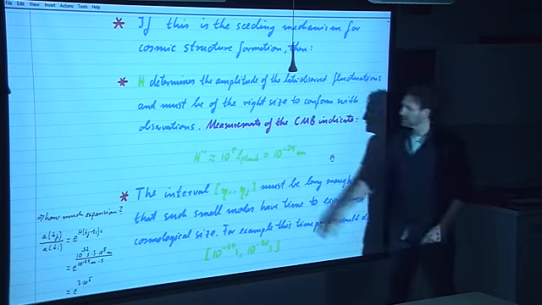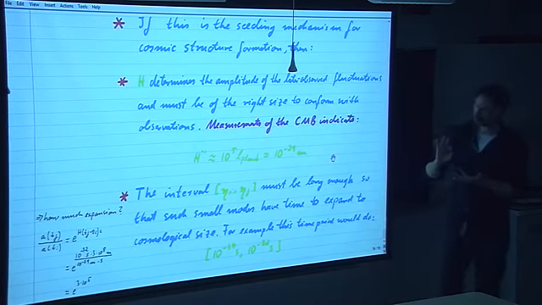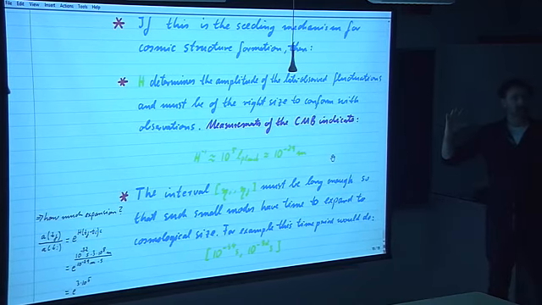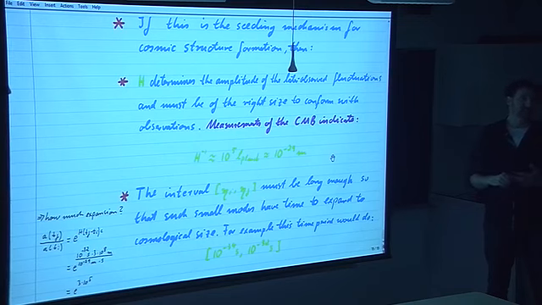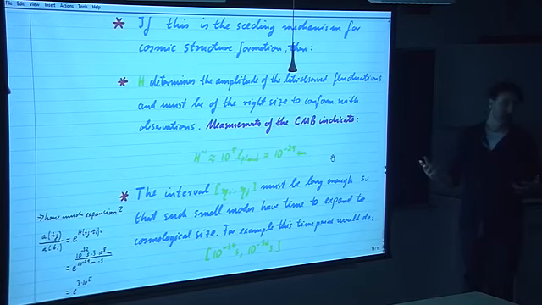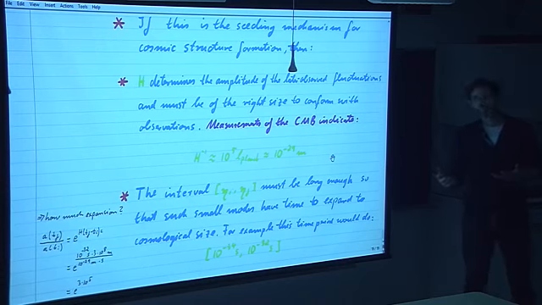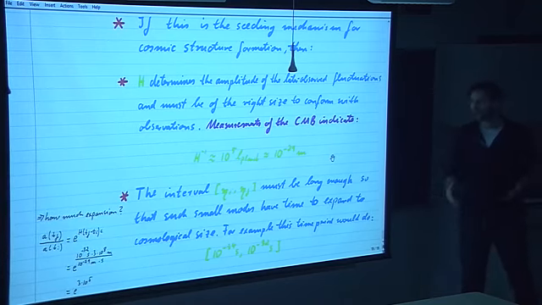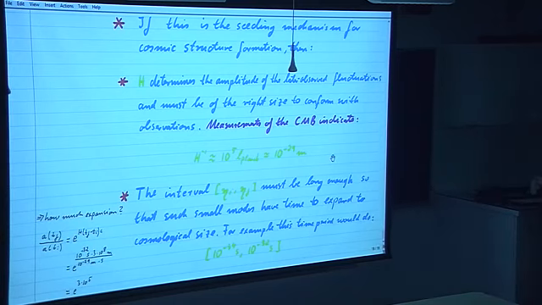And roughly speaking, this is because the size of the temperature fluctuations in the CMB is about 10 to the minus 6. So the temperature of the cosmic microwave background is about 3 Kelvin, and the fluctuations in the temperature, the angular variations, are about 10 to the minus 6 Kelvin. That's how these things translate.